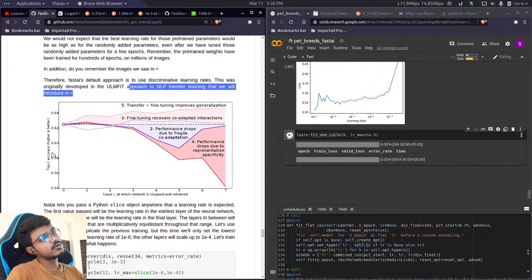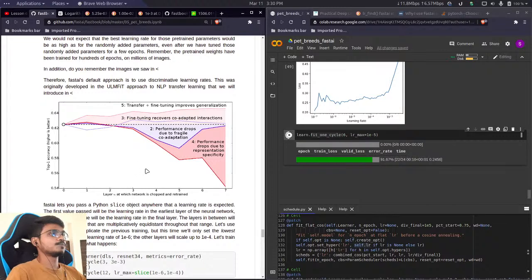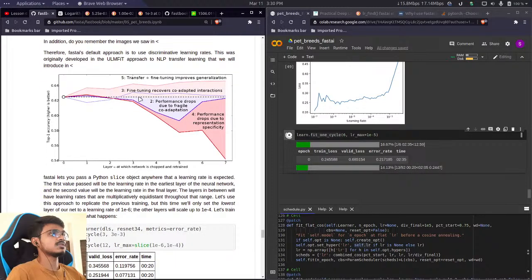Top one accuracy, higher is better. Layer n at which the network is chopped and retrained. What is this saying over here?